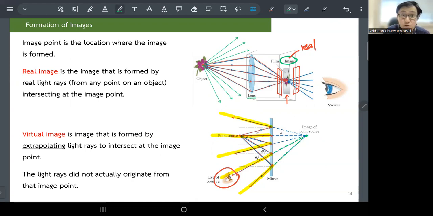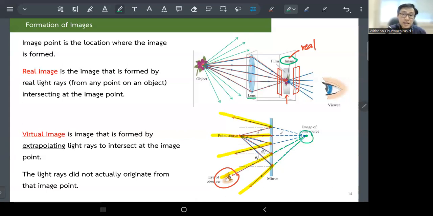You can call it extrapolate. You can extrapolate those rays until you find a point that is virtual. It's like a virtual position. Your brain will think that the light is coming out from this point source right here.